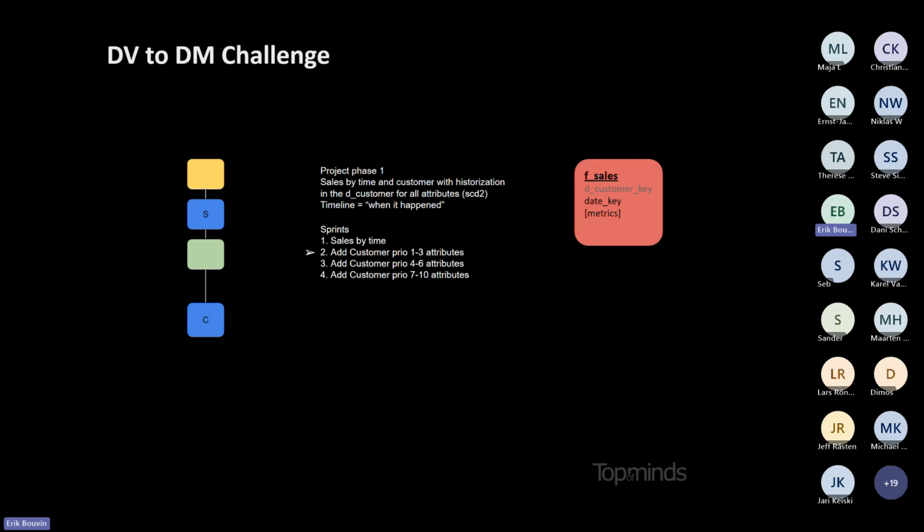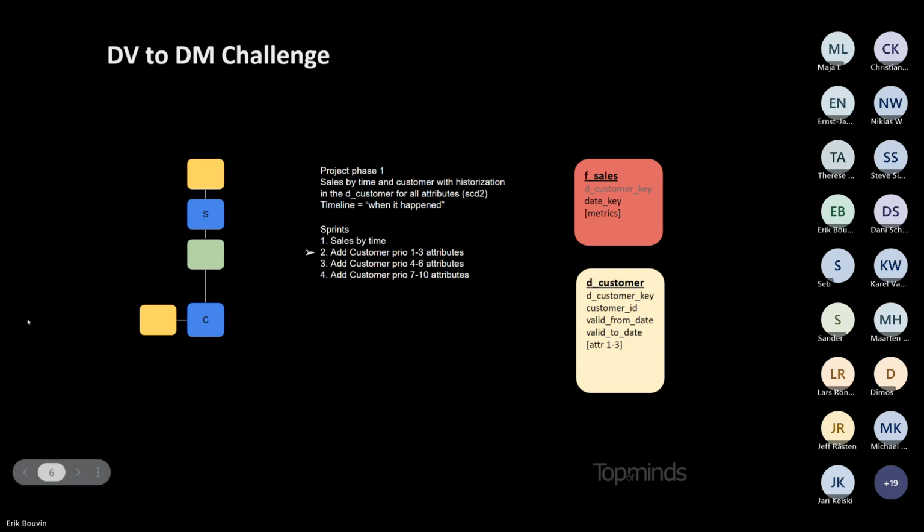All right, and then going to sprint 2, we start adding our first 3 top priority customer attributes. And in the data vault model, easy, right? We just add a new object. We don't reload anything. But out in the Mart, now we have a customer dimension, but we also have the sales here, right?